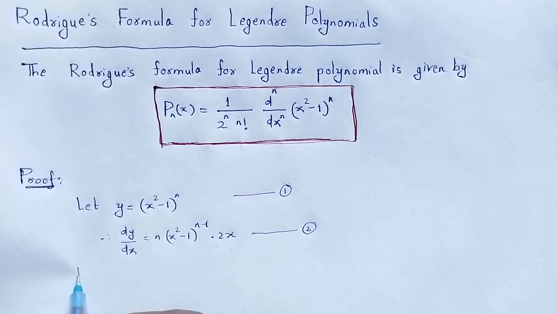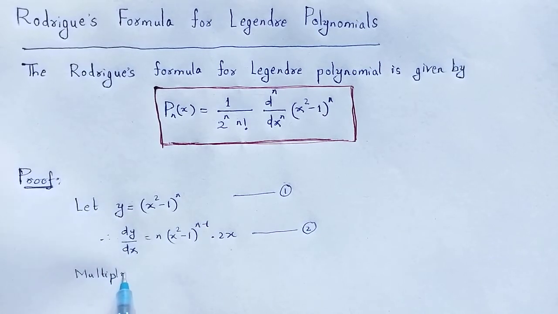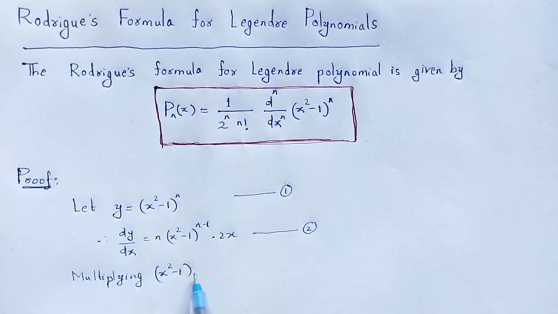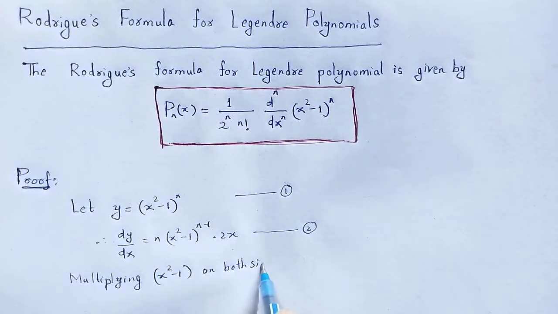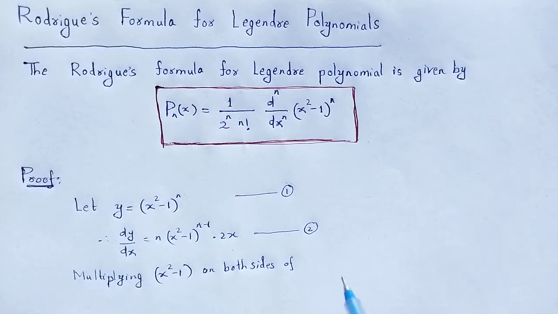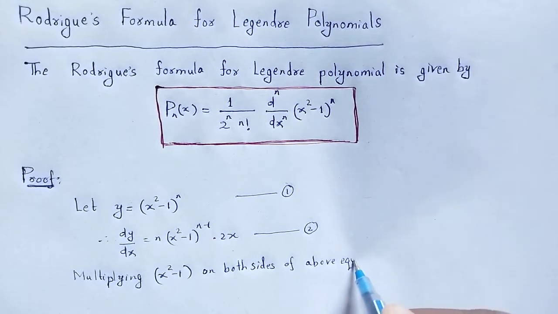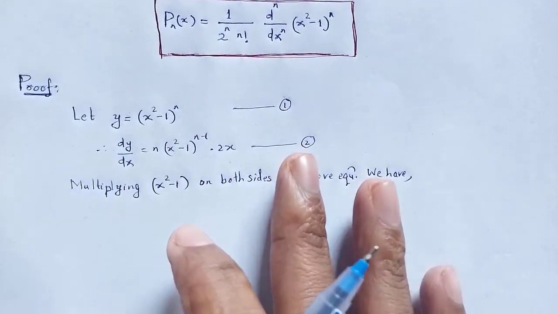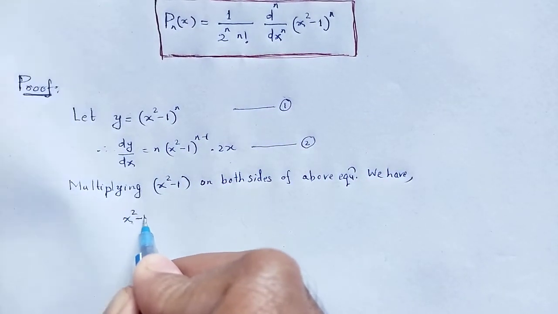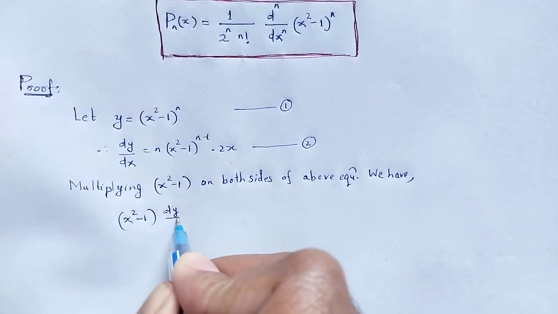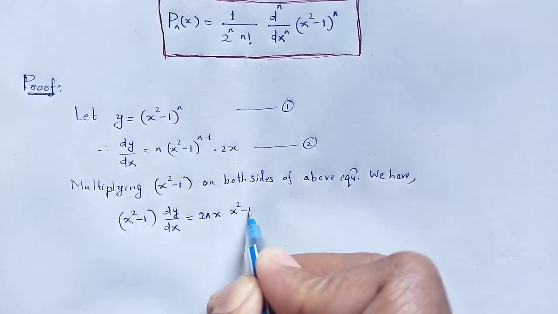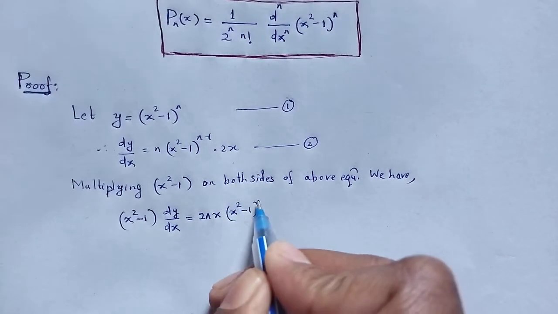Now multiplying (x square minus 1) on both sides of the above equation, we have (x square minus 1) into dy by dx is equal to 2nx (x square minus 1) to the power n.